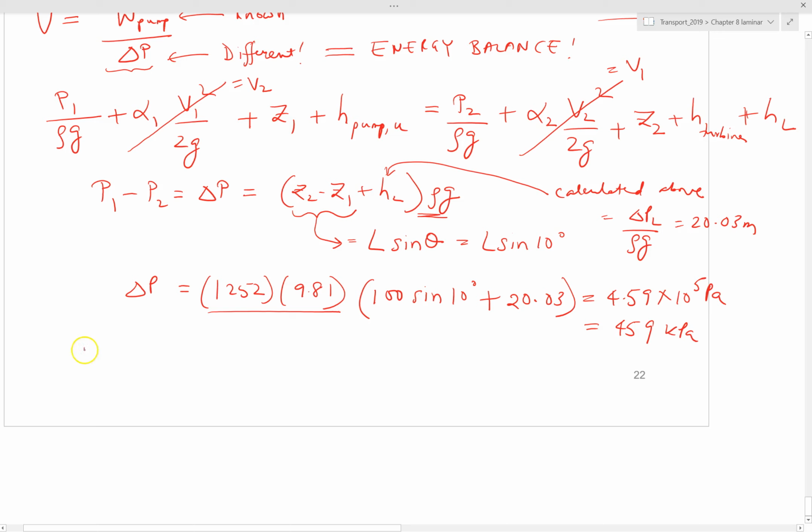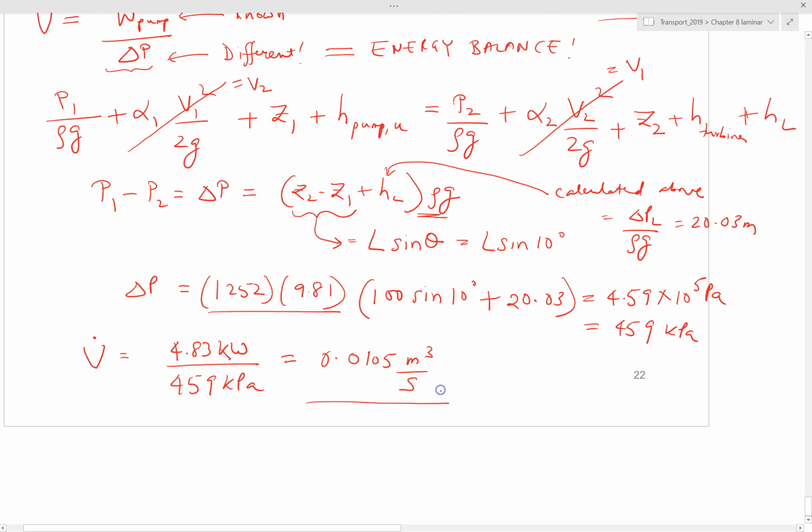And your volumetric flow rate is 4.83 kilowatt divided by 459 kilopascals, which is equal to 0.105 meter cube per second.